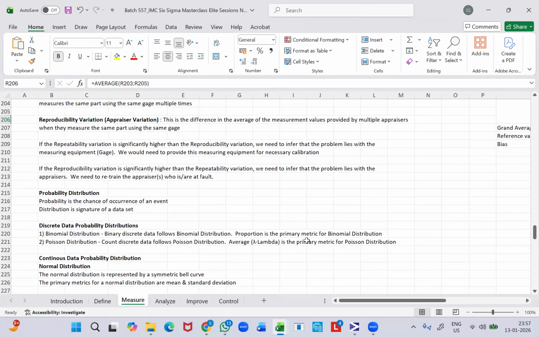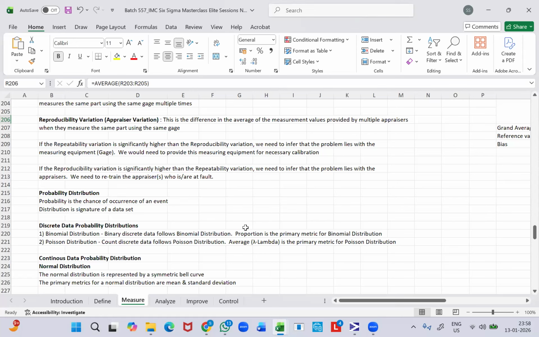Initially we look at the discrete data probability distributions, both binomial and Poisson, and we will also work out exercises under them. Then we will move on to the normal distribution. First we will look at the concept of normal distribution, and then the exercises under it.